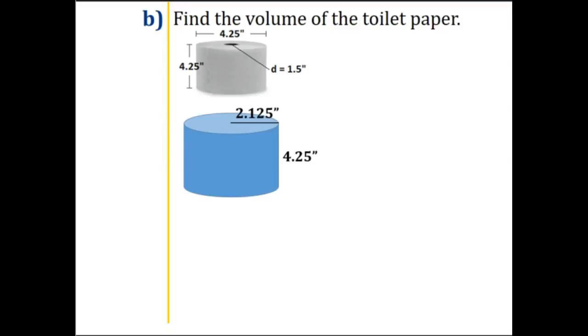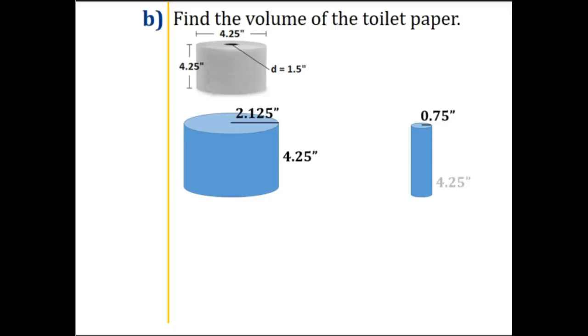Do I need the diameter or do I need the radius? For volume, do I need diameter or do I need radius? I need radius. What's half of 1.5? Jimena? 0.75. Is the height different?